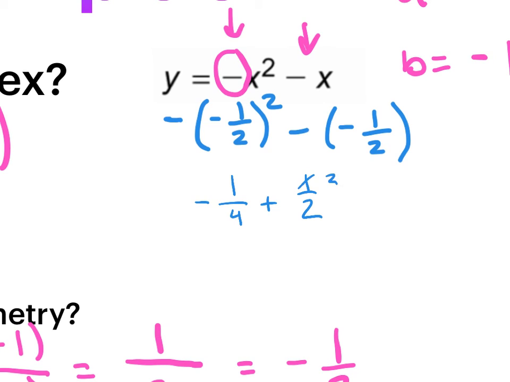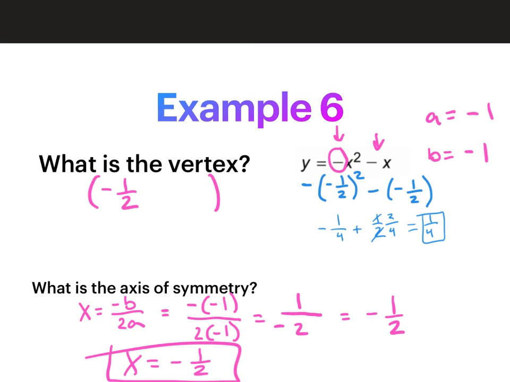Perfect. Multiply the top and the bottom here by 2. So we get 2 over 4. So now we just add the numerators together. Add the tops. So what's -1 plus 2? 1. And what do we get on the bottom? 4. Bottom just stays the same. So what is our second number in our vertex? 1/4.